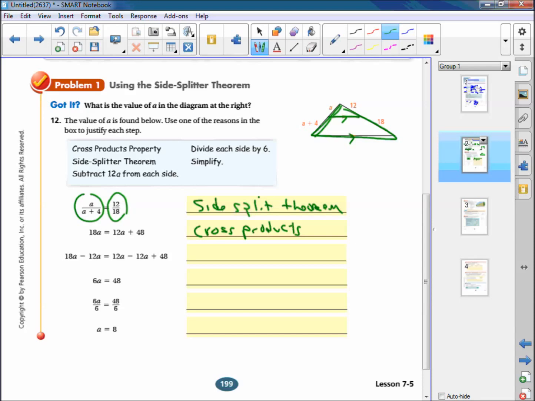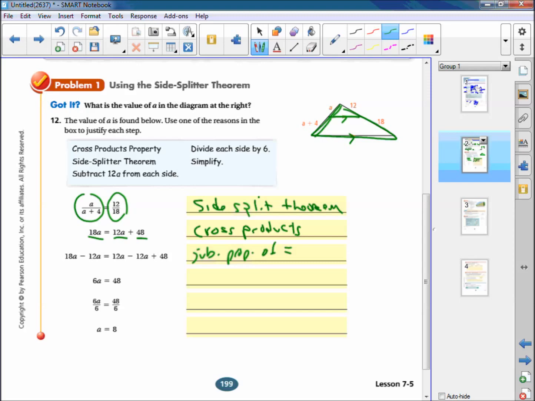Okay, so 18 times A is 18A, and 12 times A is 12A, and 12 times 4 is 48. Okay, and then we're just subtracting 12A from both sides to get all the A's on the same side. So subtraction property of equality. And then we got 6A equals 48.